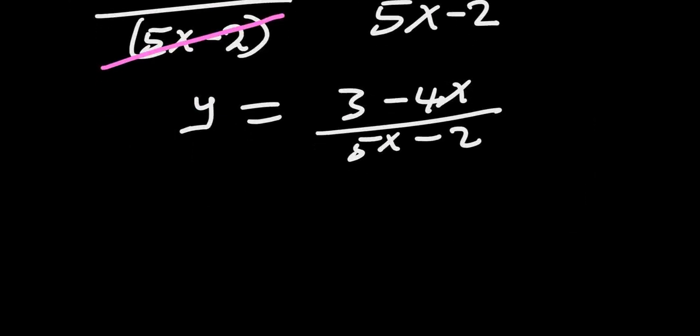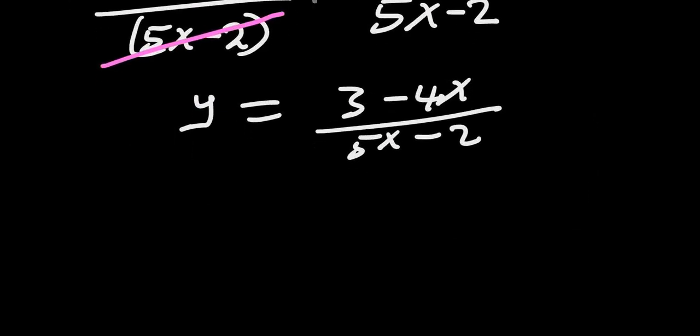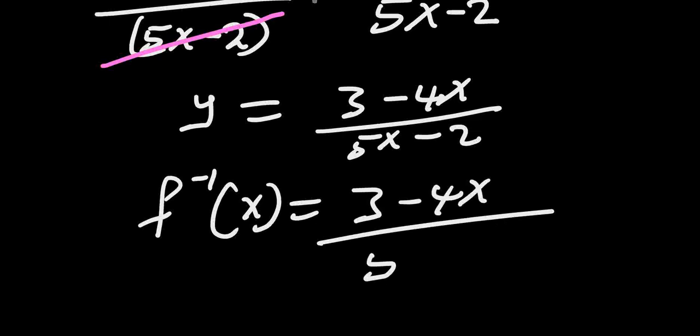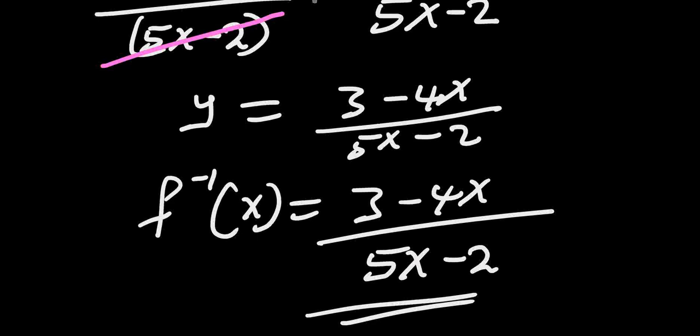So at this point, we can simply change y to the inverse function equal to 3 minus 4x over 5x minus 2. So this is the final answer to this question.